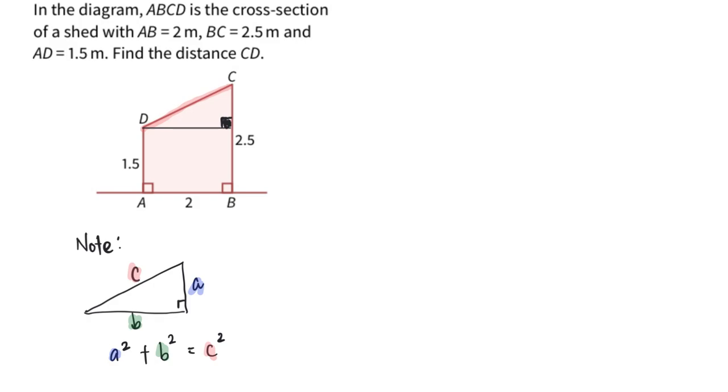So I'm going to just label A, B, C, D, E at this point here. So my length CE is pretty straightforward. CE is therefore equal to 2.5 minus 1.5 to give me 1 meter.